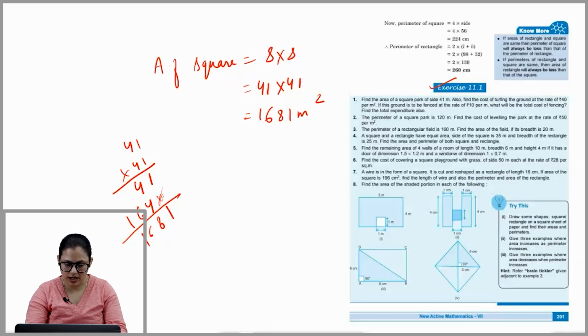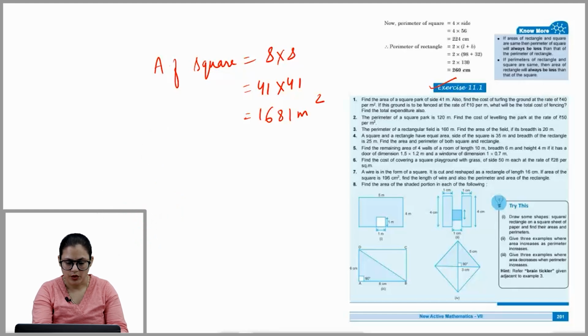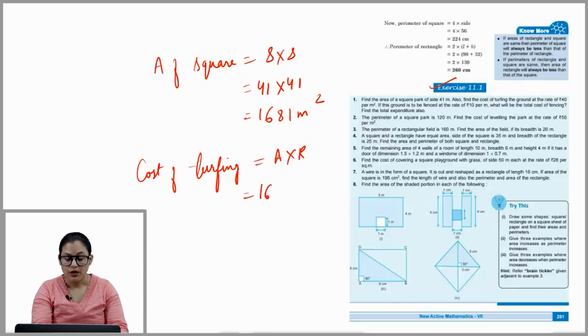Now we have to find out the cost of turfing the ground. Cost of turfing is equal to area into rate. Area is what? 1681, and what is the cost?